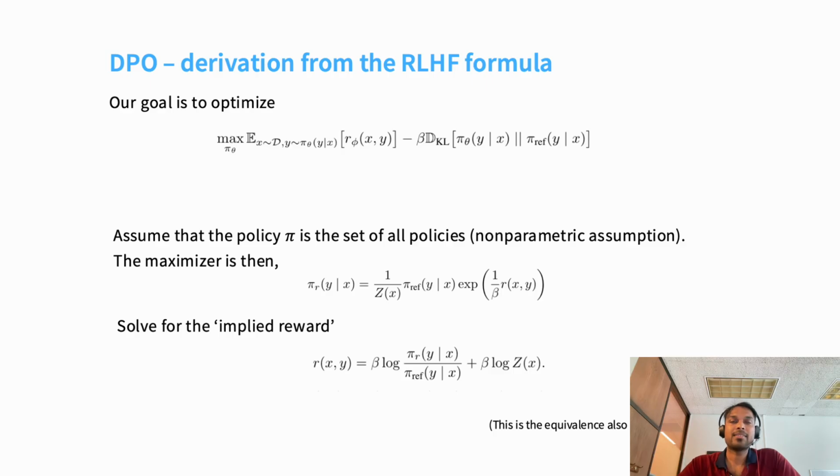If we do that, we are able to define what the optimal policy is, which is the second equation. The optimal policy can be written as the exponent of the reward multiplied by a reference policy. And now, under this non-parametric assumption, instead of thinking about the policy, we can think about the implied reward.